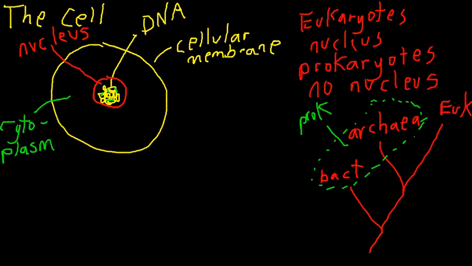So you might ask, what happens to the DNA that is in the cell? Well, in eukaryotes, the DNA is transcribed into messenger RNA, or mRNA, by the enzyme RNA polymerase. This happens in the nucleus. So, we have DNA that gets transcribed into mRNA.